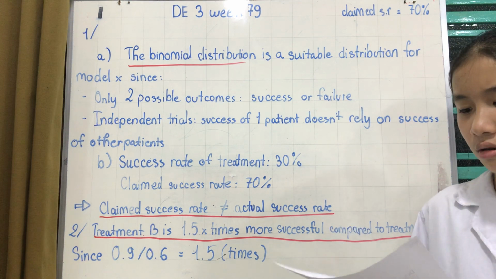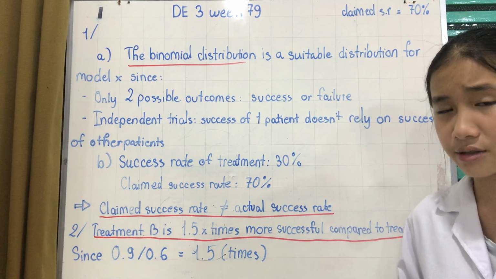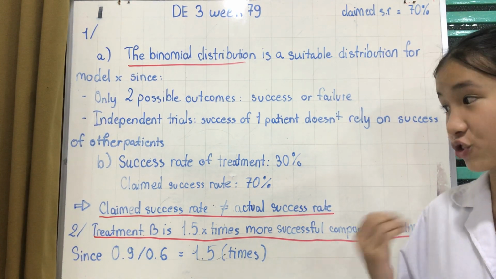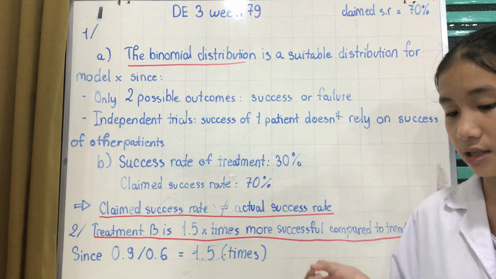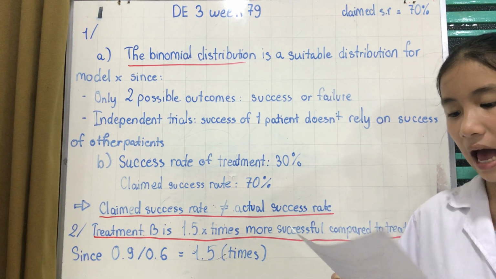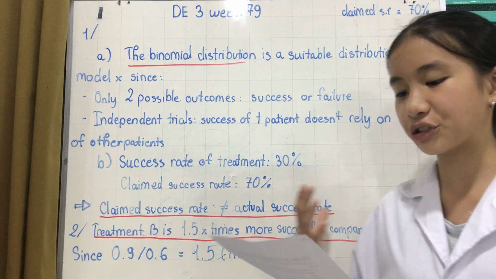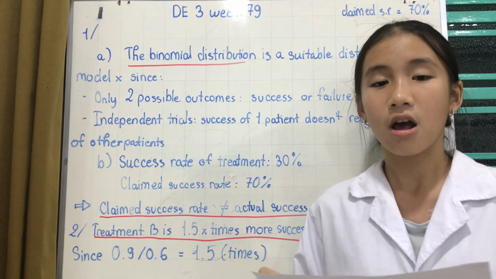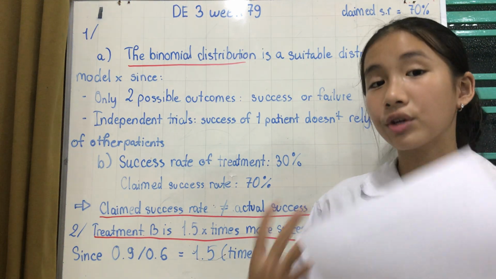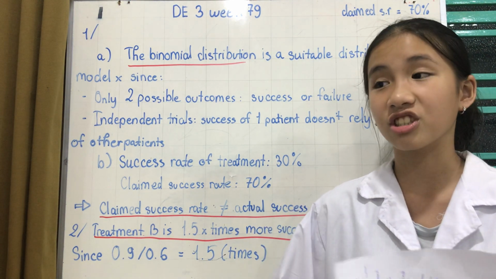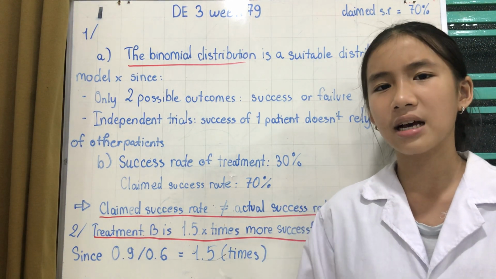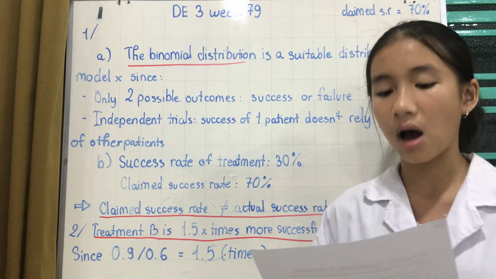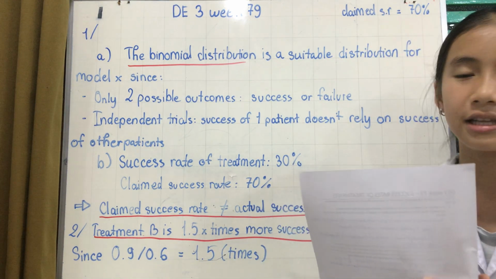So I just answered what is the actual success rate of the treatment, and then the claimed success rate, and then compared them, because I don't understand the concept of the 5% level of significance. So if you guys have any suggestions or ideas that you can add on this problem, or can explain it to me, then I'll be glad to hear.